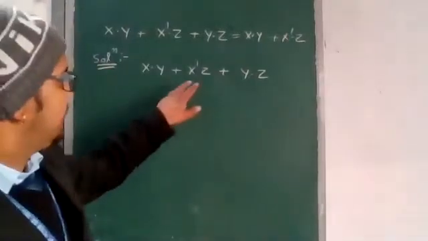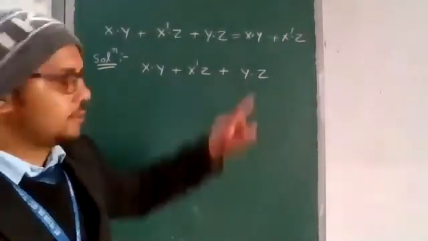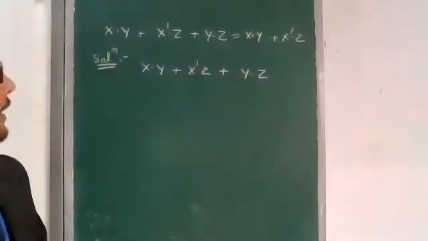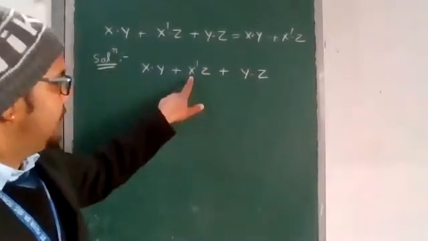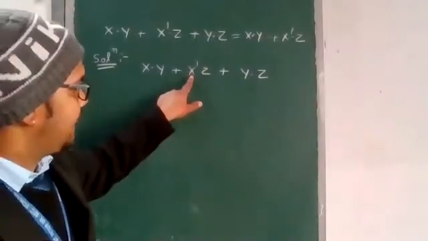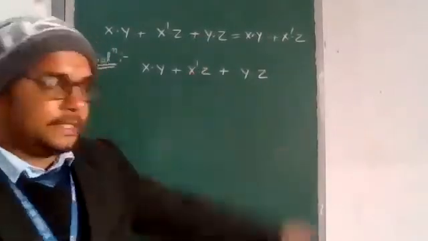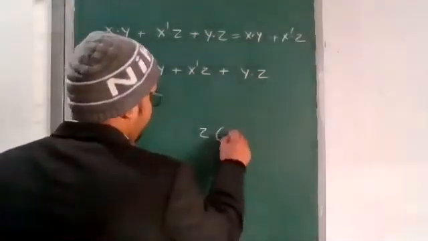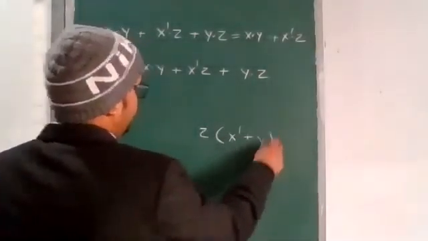Yes, here in both z is common. But when you take z as common, then inside the bracket only x complement plus y is left. What can we do with x complement plus y?